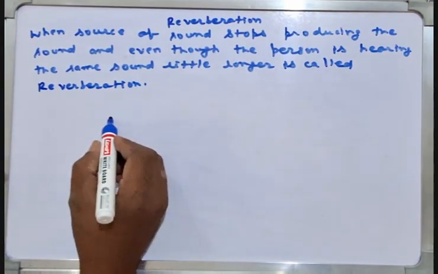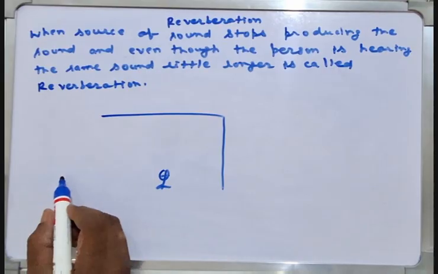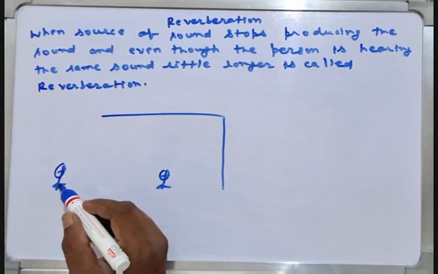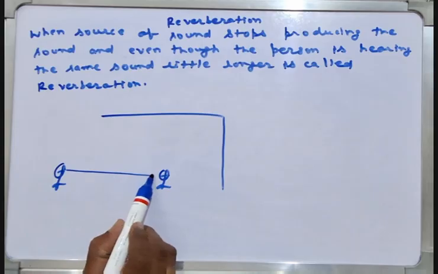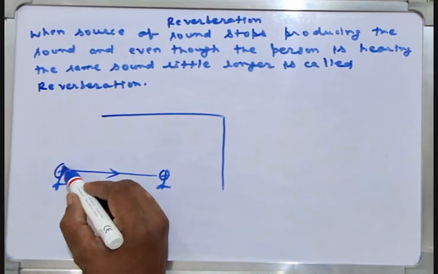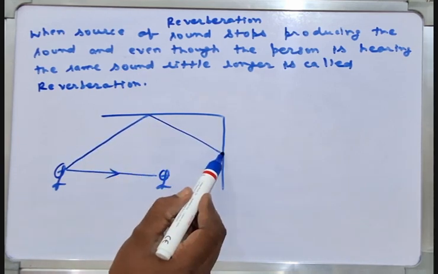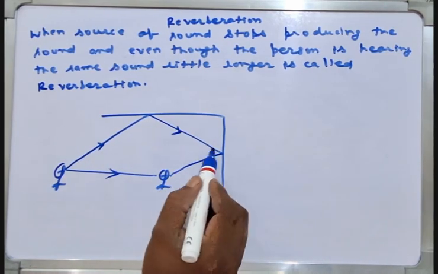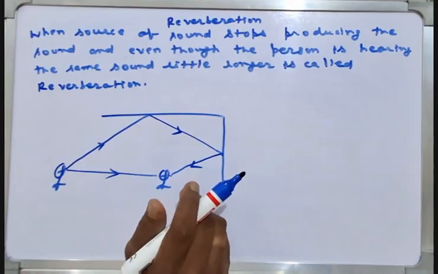See, suppose you are sitting in a hall. Now suppose one speaker like this is speaking, producing the sound. Now what happens, some of the sound comes directly, and some sound may come like this. Here this one is incident, this one reflected, then again this is incident for this one, and this one is again reflected.